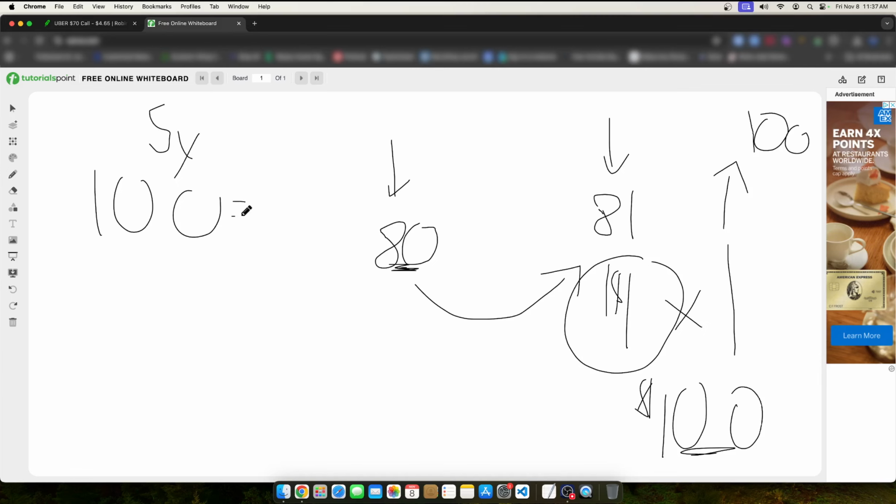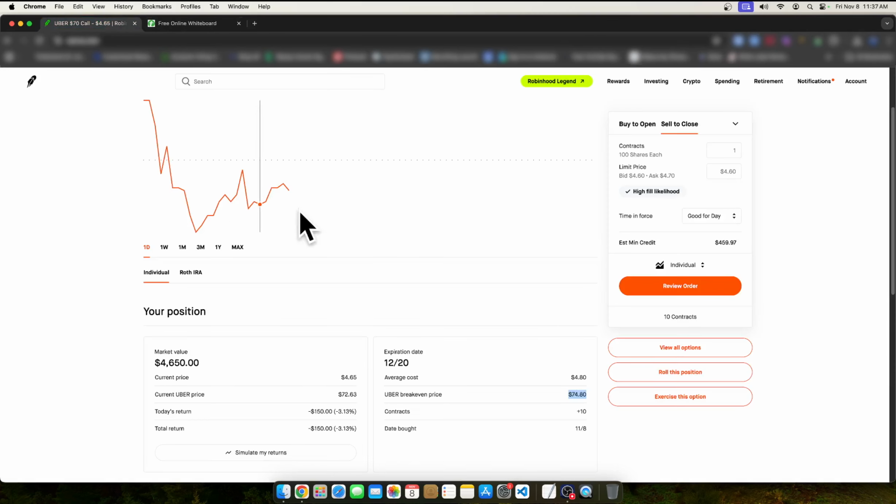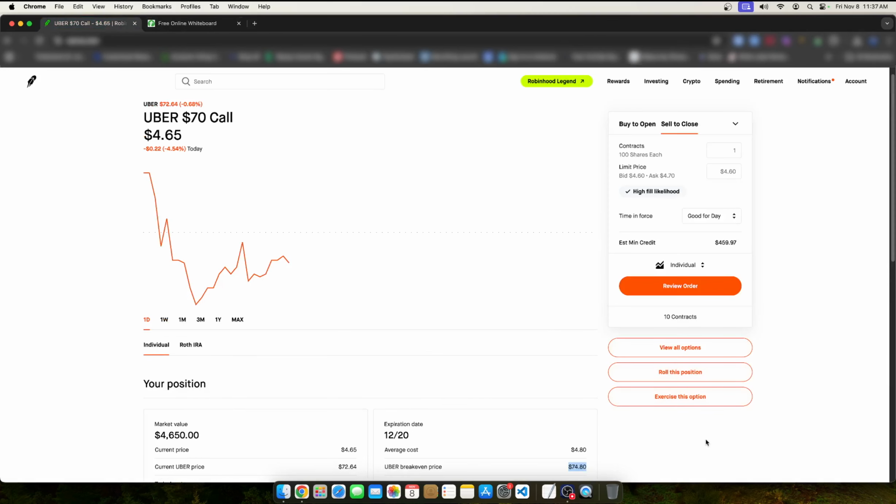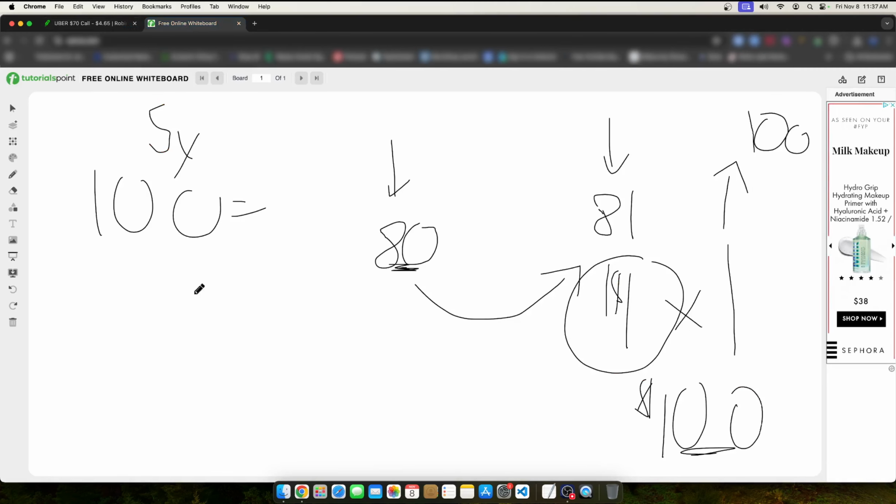And what makes options relatively dangerous overall for average traders or beginners, and I'm a beginner, of course, is that if the contract expires, whatever it expires at is essentially what you're going to have. So, for example, if the stock price went down to, let's say, 75, well, that's a $5 loss.